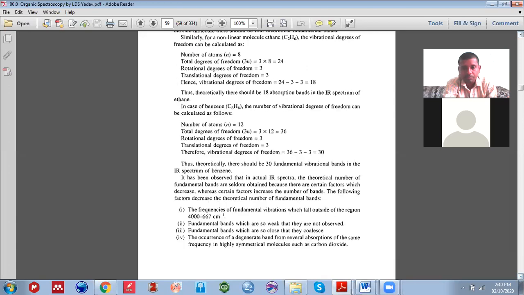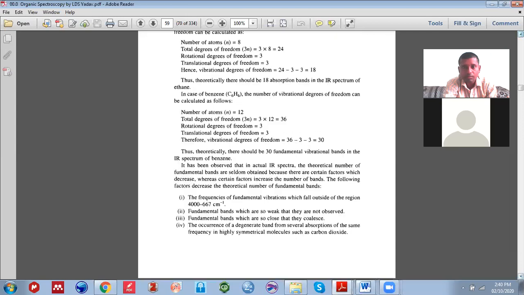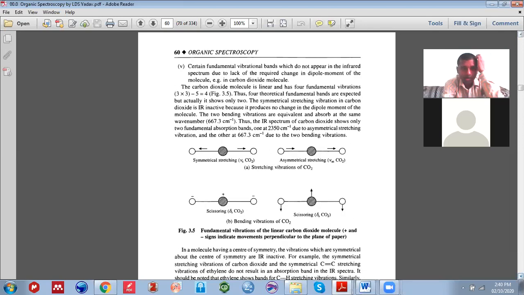Certain fundamental vibrational bands do not appear in the infrared spectrum due to lack of the required change in dipole moment of the molecule, as in the carbon dioxide molecule.